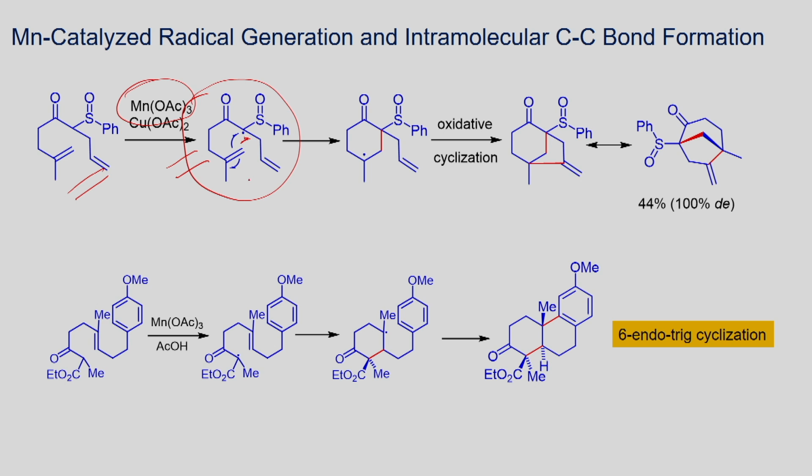This reaction has been well explored by Professor Molander. He has pioneered this chemistry. Once you form this radical, it can undergo addition reaction intramolecularly with this double bond, and you will be able to form a tertiary radical. What you do here, you form a carbon carbon bond that results in the formation of a tertiary radical.